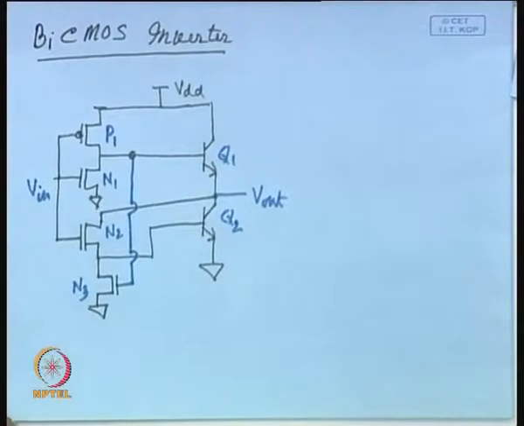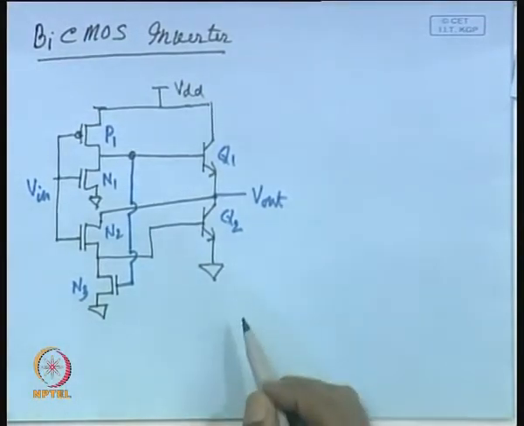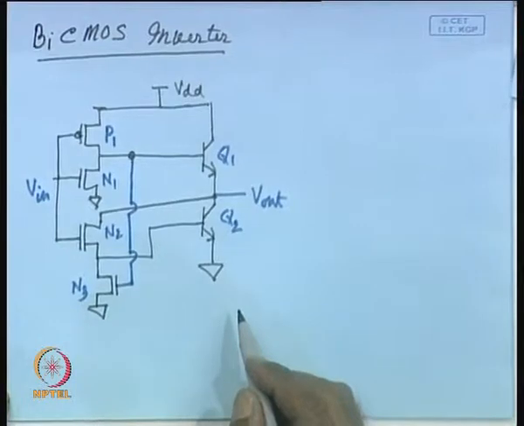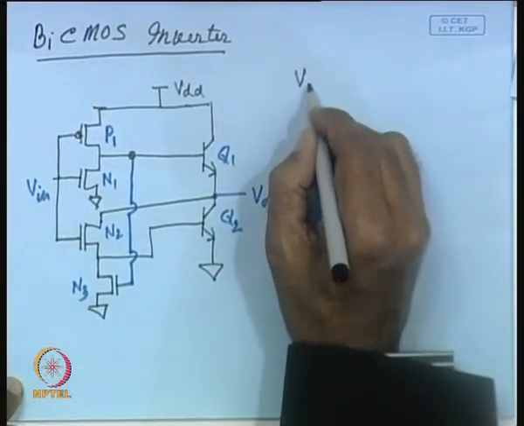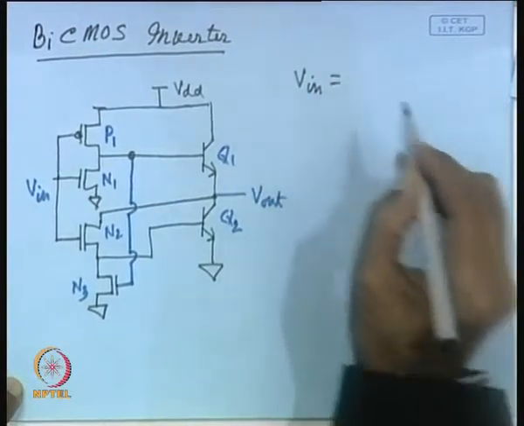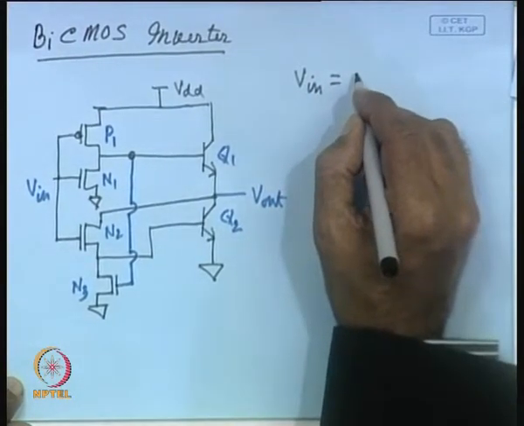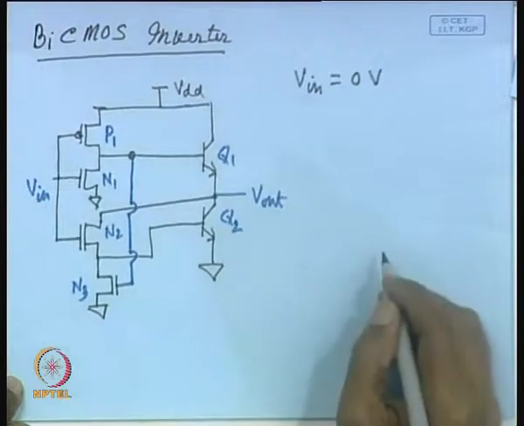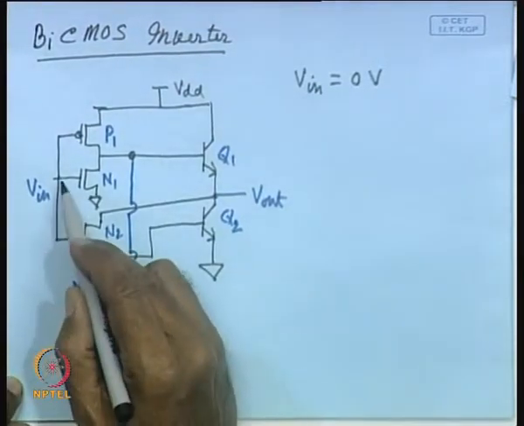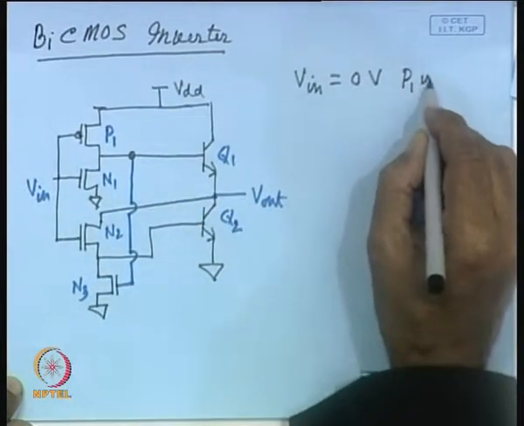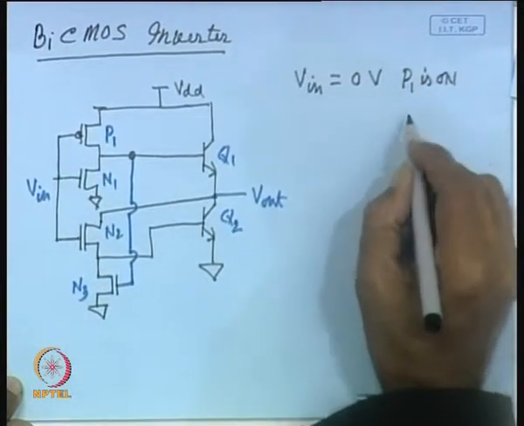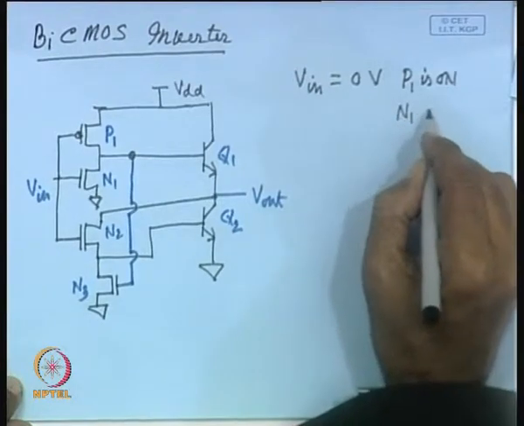Now, let me explain the operation of this BiCMOS inverter, how it really works. Let us assume Vin is equal to 0 volt. So, when Vin is equal to 0, as you know, P1 will be on, N1 off.